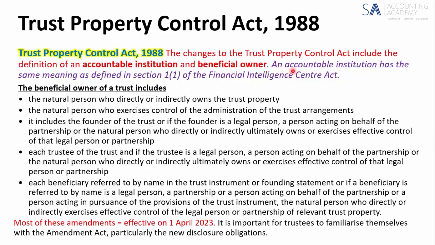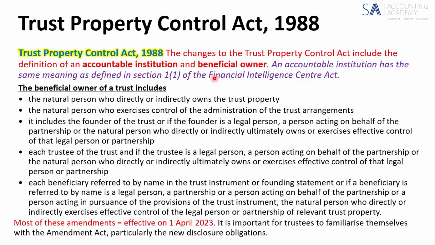Now, remember, an accountable institution has already been defined in the new, amended FICA Act. So it's exactly the same as it is defined in section 1.1, and it also goes according to schedule 1 of FICA. So the accountable institution could now be a trust or company service provider.